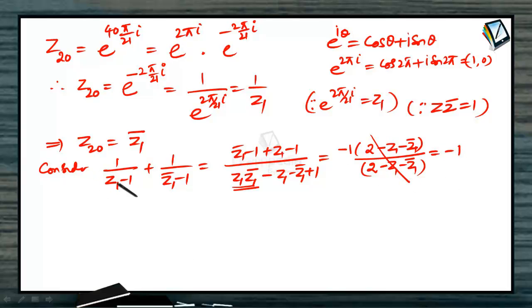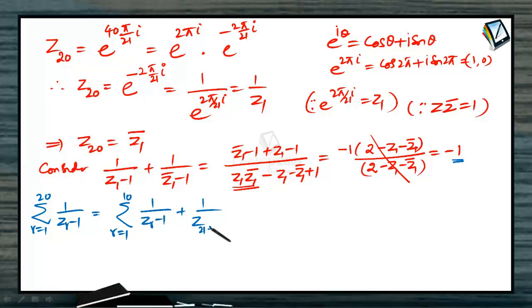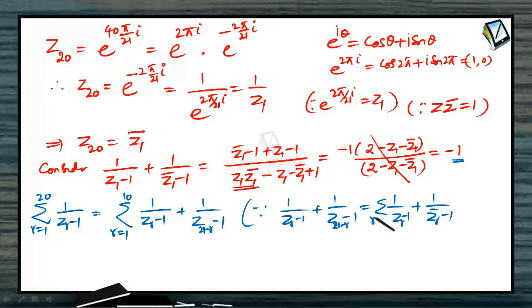Now what we had is that 1 by z1 minus 1 plus 1 by z1 bar minus 1 is equal to minus 1. Similarly, I split the expression sigma r from 1 to 20 of 1 by z r minus 1 as sigma r from 1 to 10 of 1 by z r minus 1 plus 1 by z 21 minus r minus 1, where z 21 minus r is the conjugate of z r. This takes the form of 1 by z r minus 1 plus 1 by z r bar minus 1, where sigma r takes values from 1 to 10.